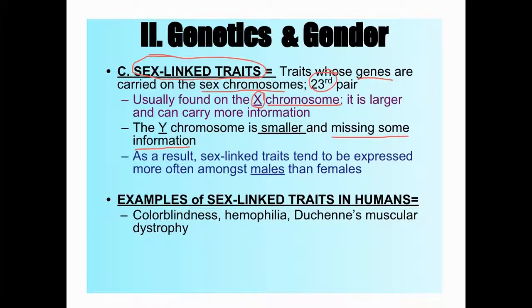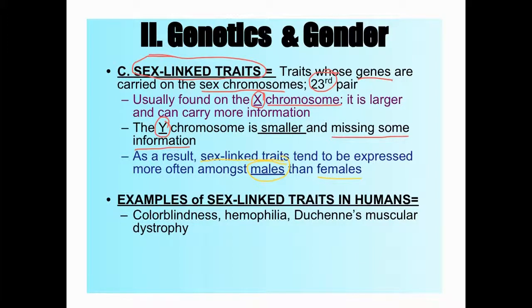Females have all the DNA, all the genetic information. But us males, since we have that Y, we're actually missing some DNA. We don't have as much. As a result, sex-linked traits, and these are usually things that aren't that good, they tend to be expressed way more in males than they are in females. And we'll get to that in a second.